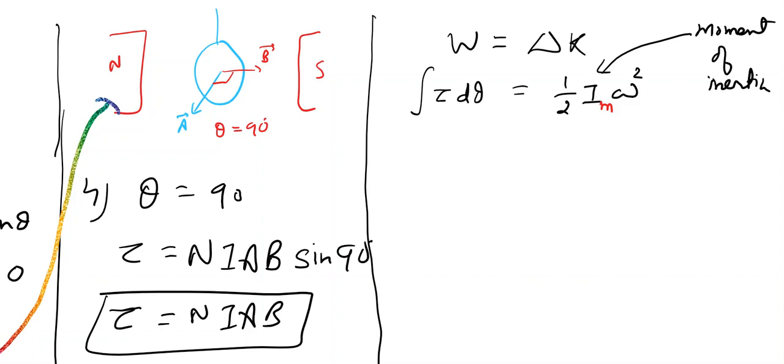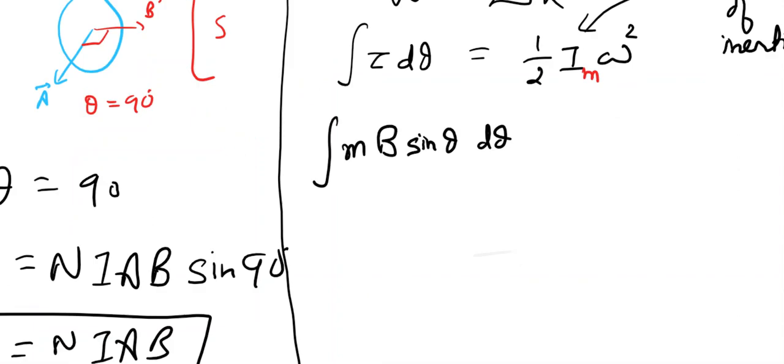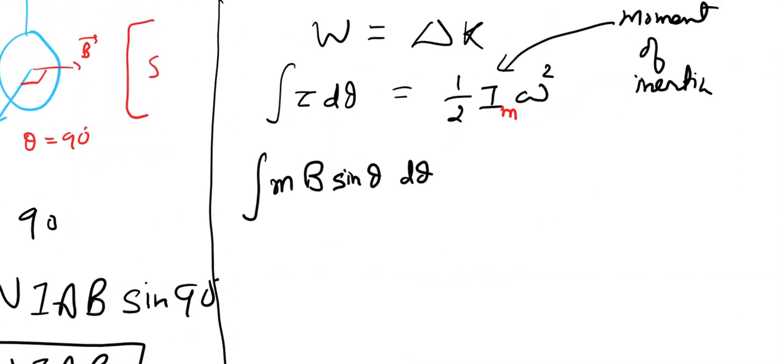In this case, torque will be changing, and hence we'll have to go for integration. So if we integrate, we'll have m B sine theta d theta. What is m? NIA, the magnetic dipole moment, and integration will be done from 0 to 90 degree.